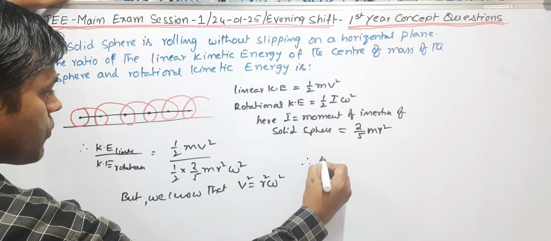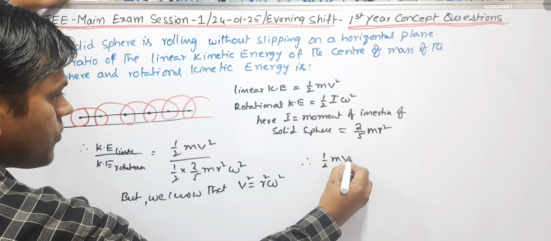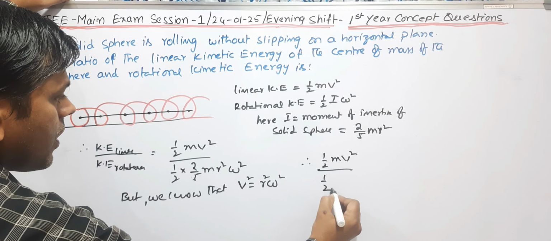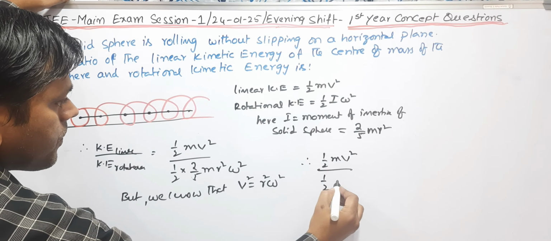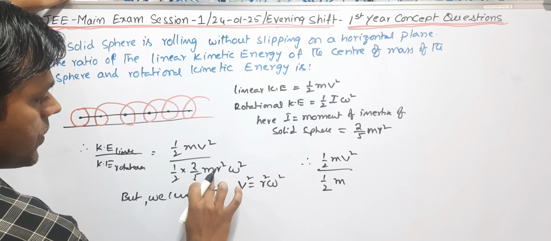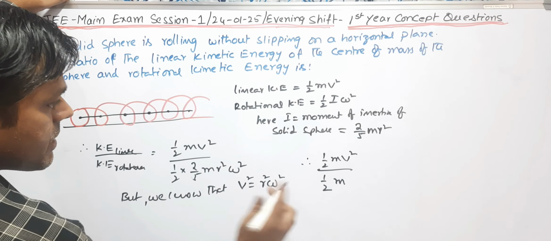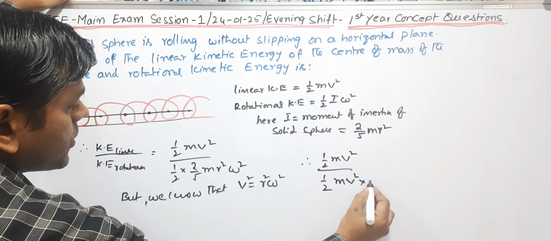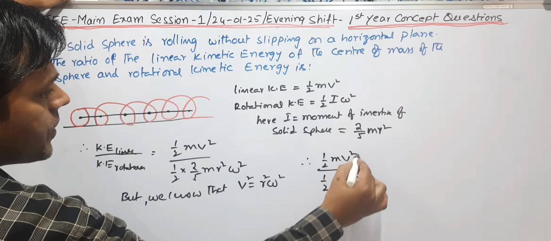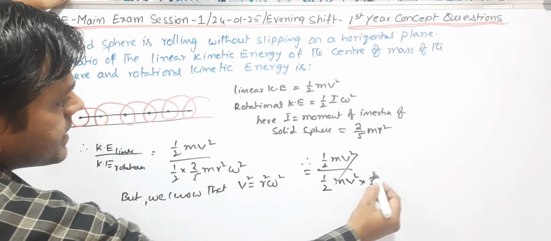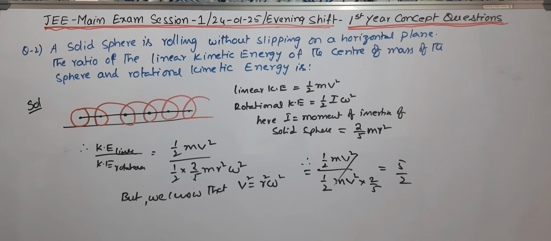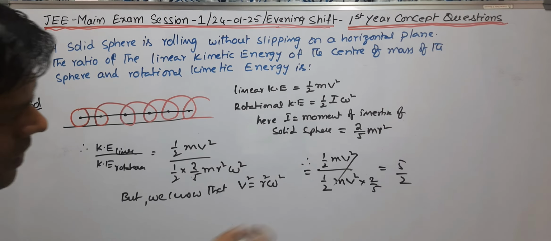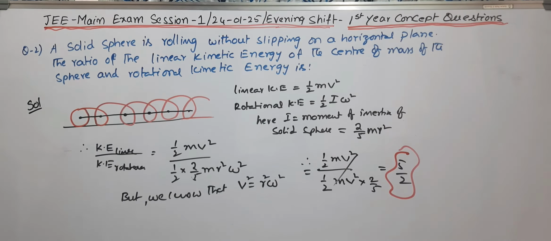Therefore, half m v square by half m into r square omega square replaced by v square, half m v square into 2 by 5. Half m v square cancels, then only 5 by 2 remains. So, the answer of this question is 5 by 2.